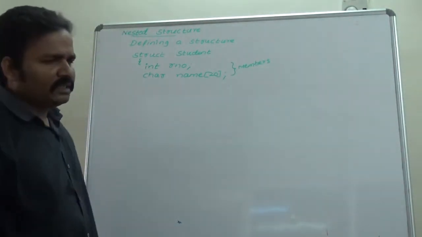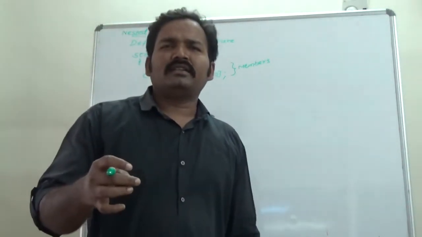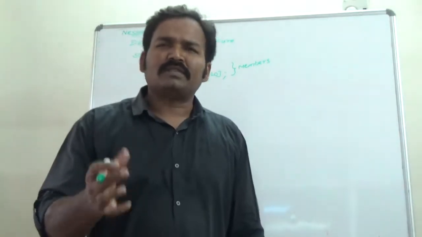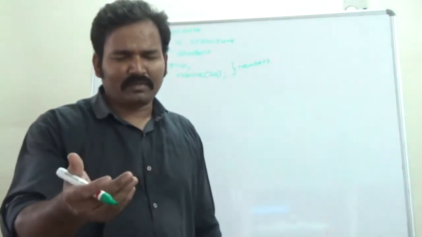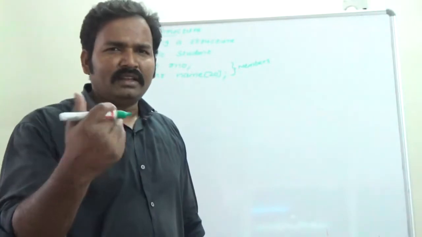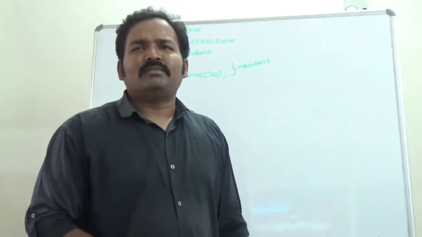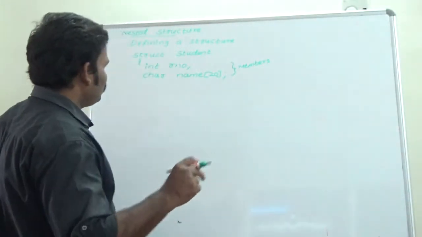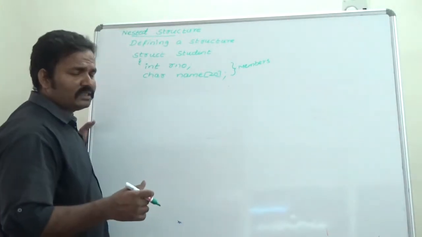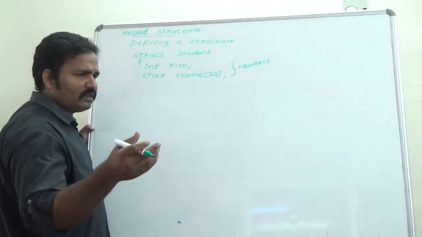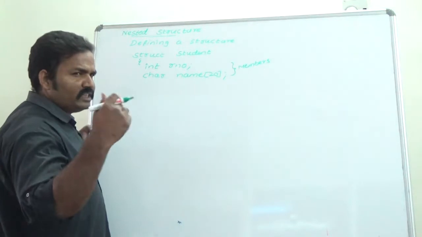Next I want to read all the subject marks of a student also. I want to read number, name and subject marks. Suppose I want to read 3 subject marks.